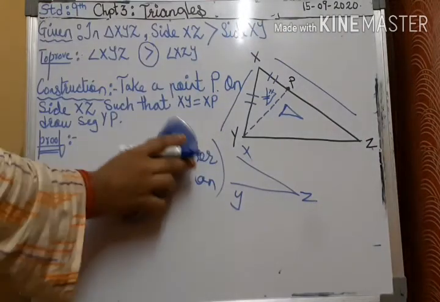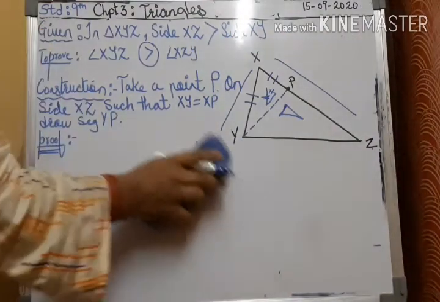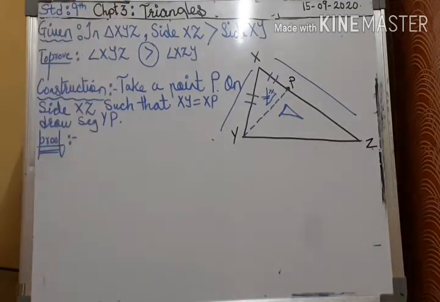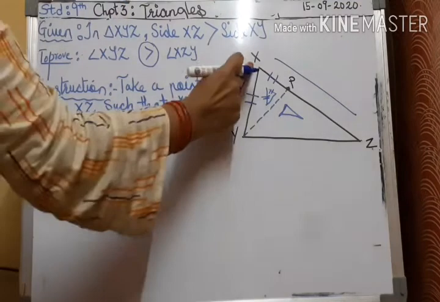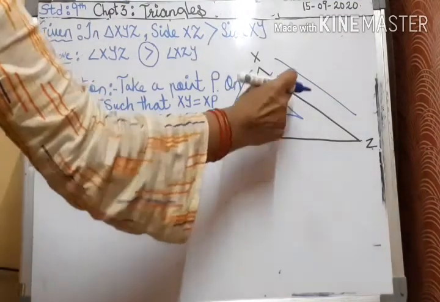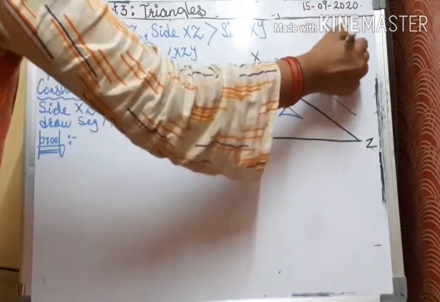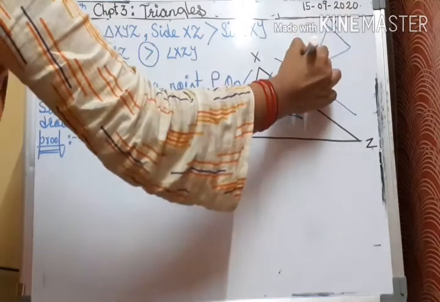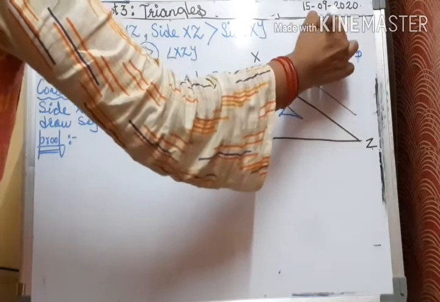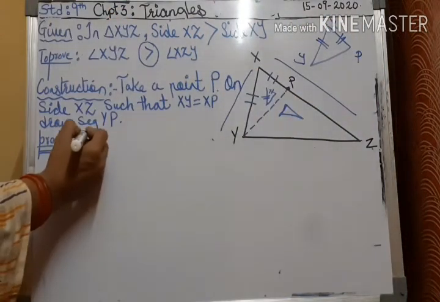So let us start with proving. In triangle XYP, we will take a smaller triangle XYP. This side is equal to this side.